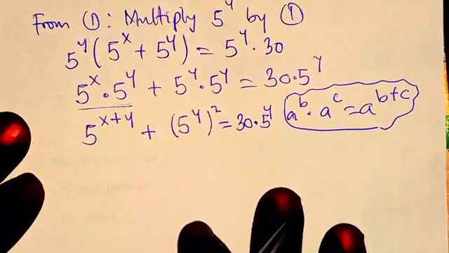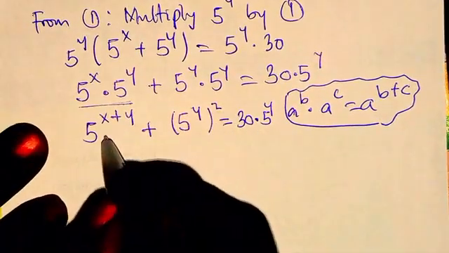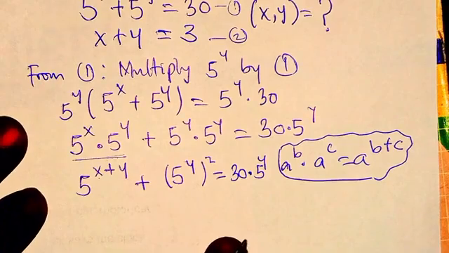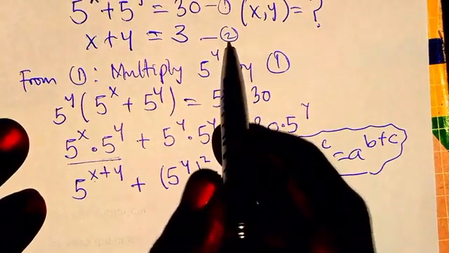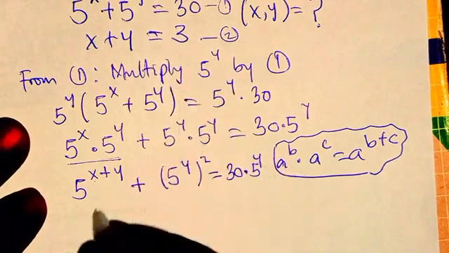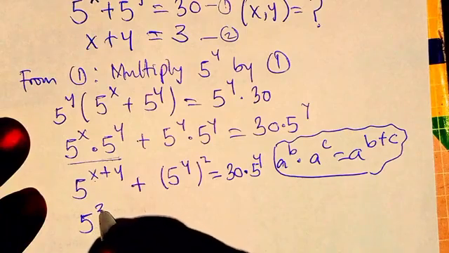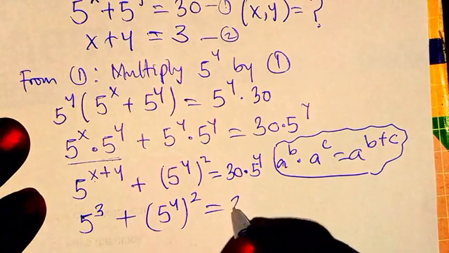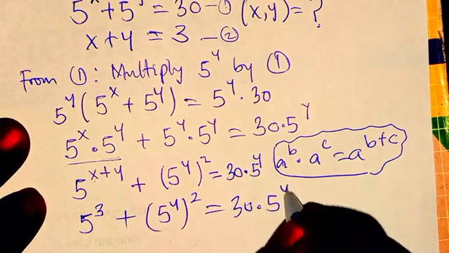Now we can see that we have x plus y here. This x plus y is the same thing as equation 2, which equals 3. So this is going to be 5 to the power 3 plus 5 to the power y all squared, equals 30 multiplied by 5 to the power y.